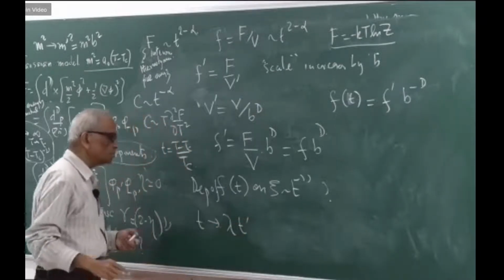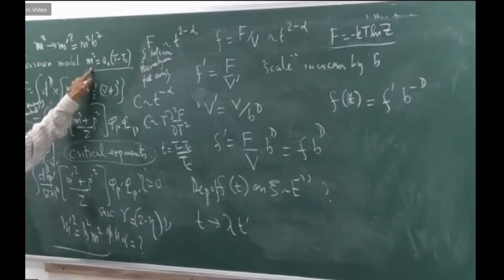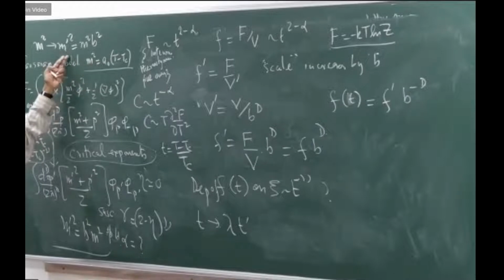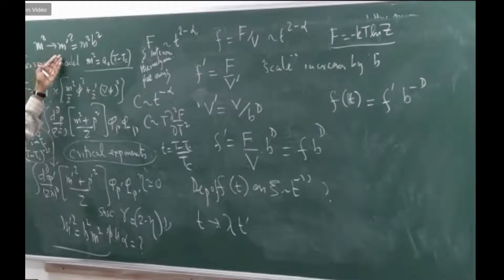So this is what we learned over here, that m square of the model is proportional to t, and the point with the renormalization group is that this t minus tc has now changed by a certain scale factor.